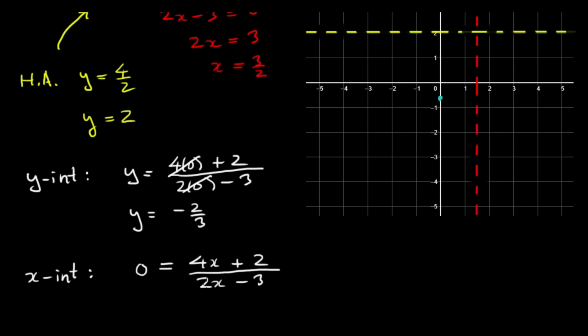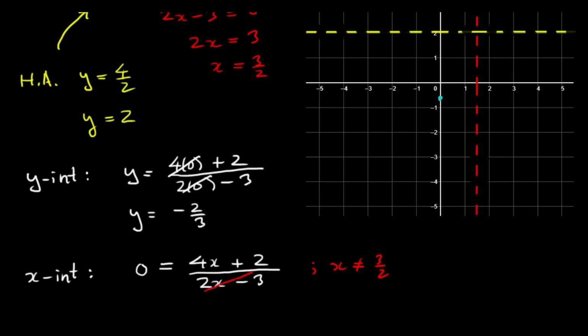And right away, the trick to dealing with this is we can multiply both sides of this equation by 2x minus 3. And that cancels that denominator, and 0 times anything is still 0. Now keep in mind, the reason we can do that is because we know x can't be equal to 3 over 2. So we can't make that bottom equal to 0.